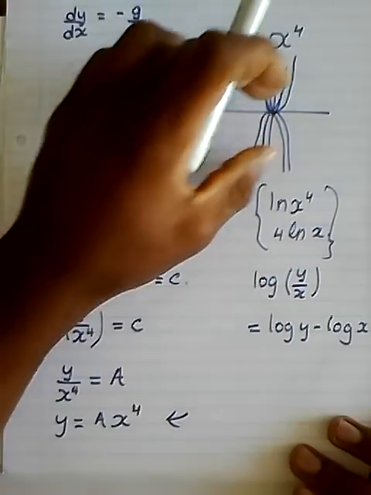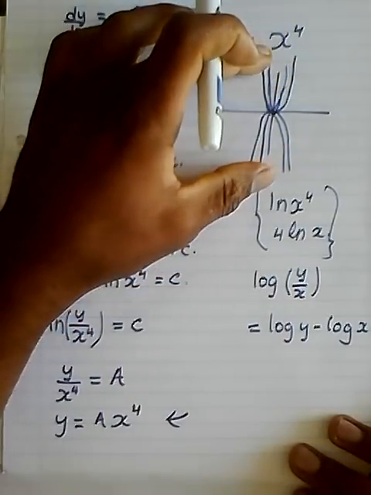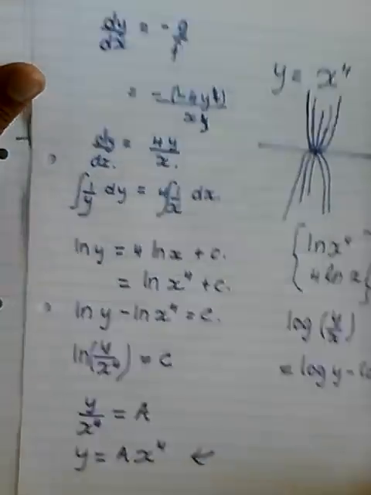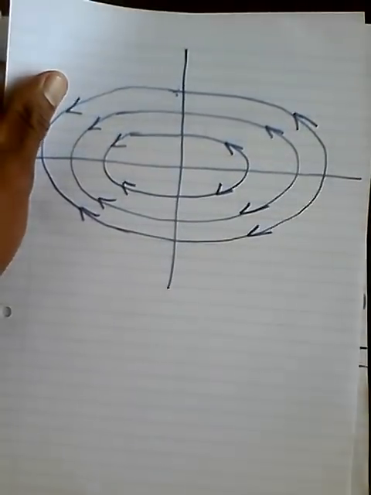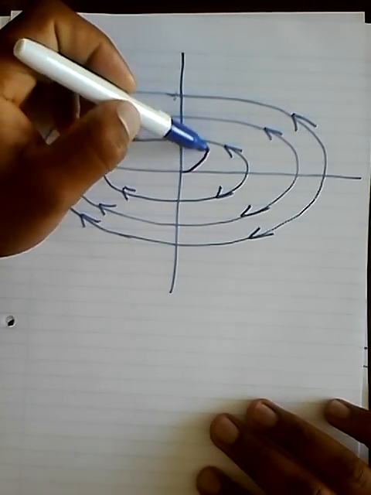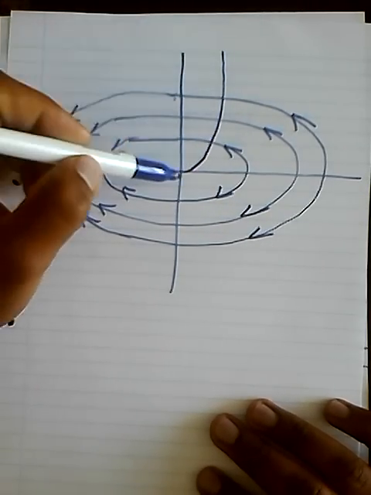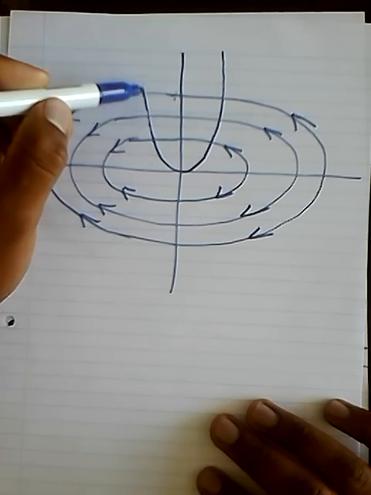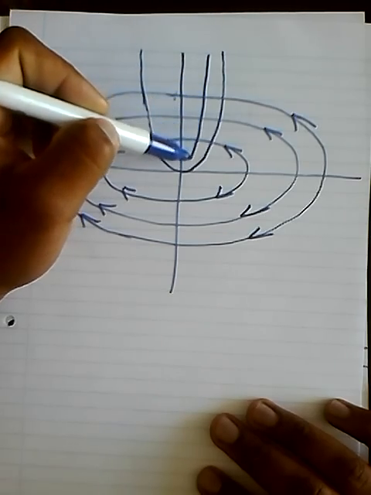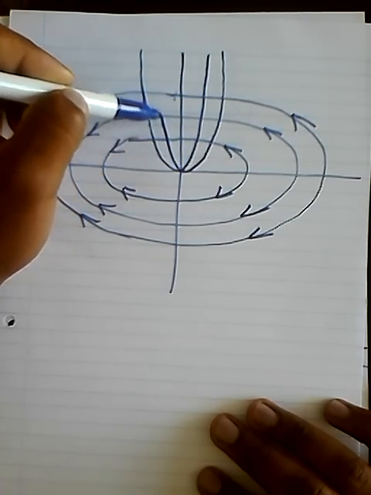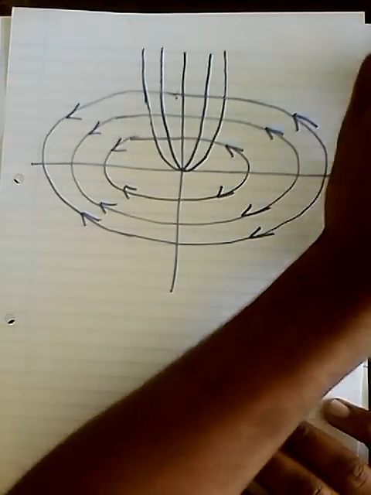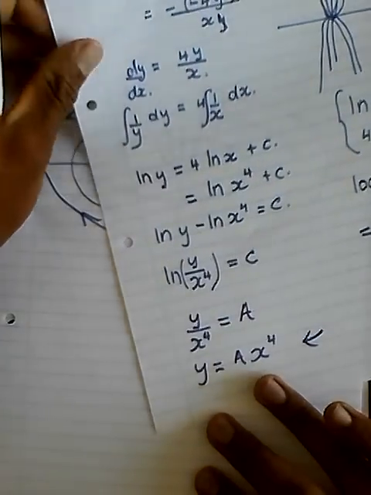Now let's take this one, just copy what we have here into our answer for part C. So what we're going to have is something like this. It's going to be something like this. It's going to be something like that. And then because we said that this a here can also be negative, it's a constant.